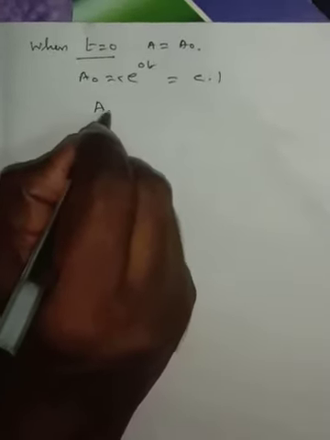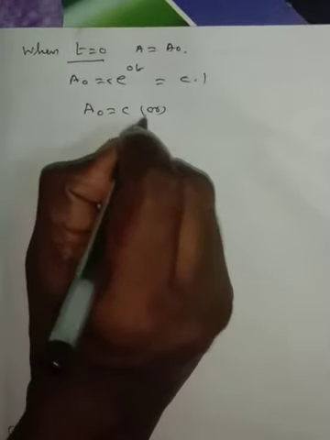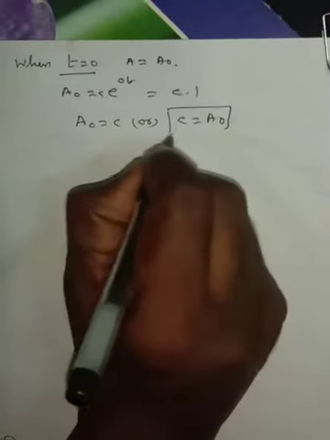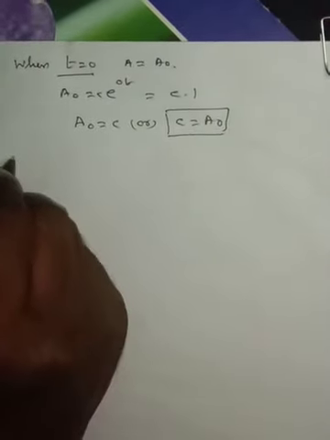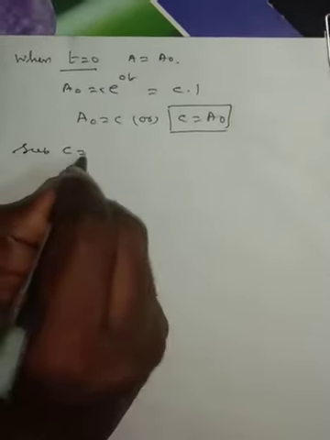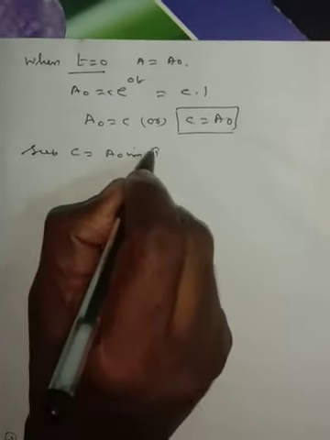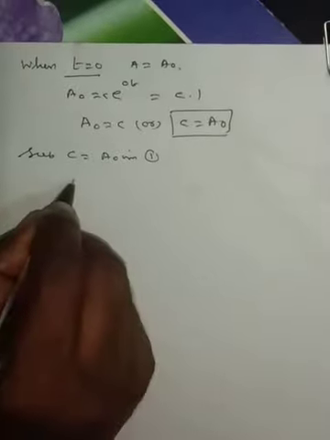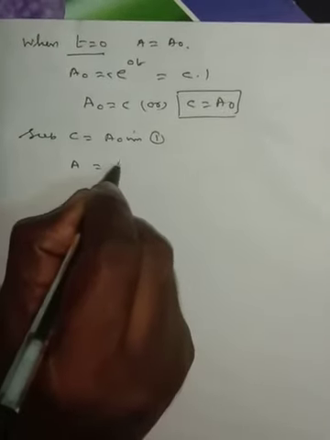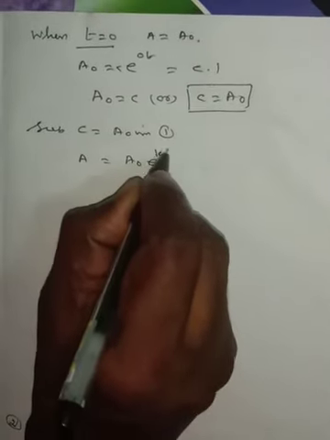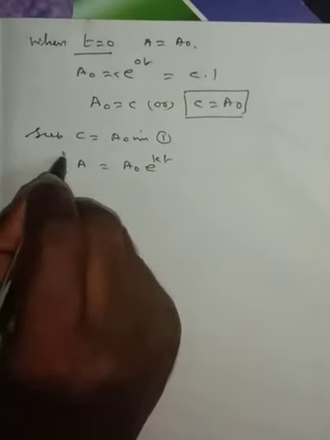So A naught is equal to C, or C is equal to A naught. Substitute C is equal to A naught in equation number 1. A is equal to A naught into e to the power of kt. Number this as 2.